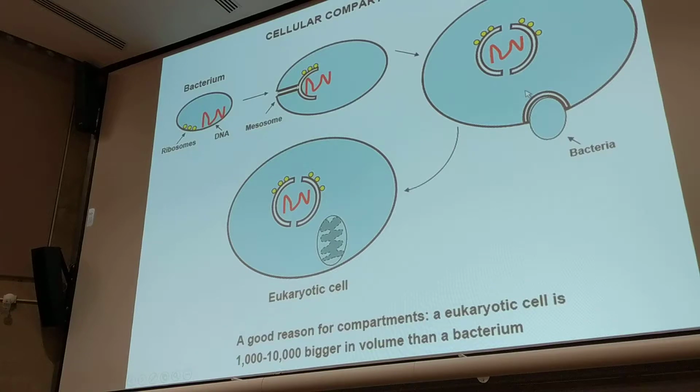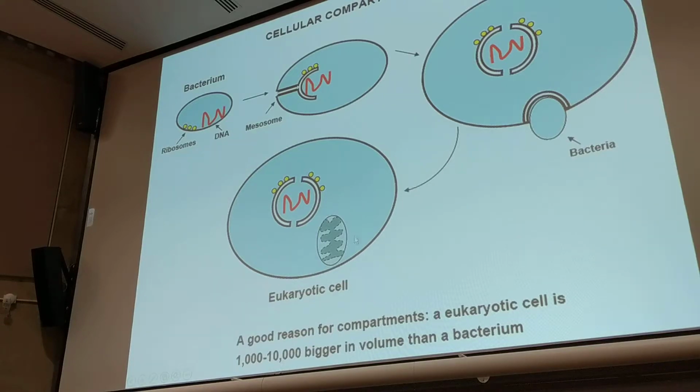Then there were other bacteria that were engulfed by this precursor of the eukaryotic cell, and this bacterium that was engulfed was actually of benefit to the cell. So the cell, instead of getting rid of it, decided to incorporate it into new activities or functions.